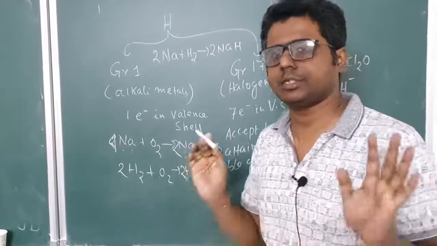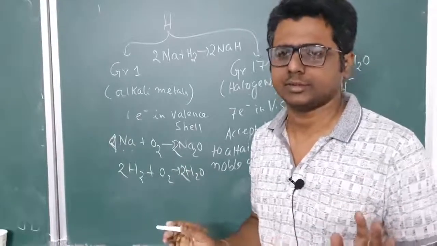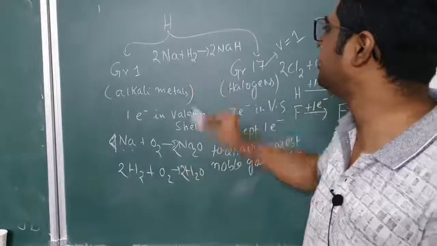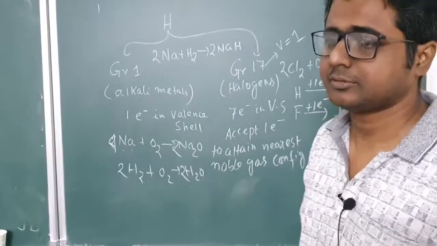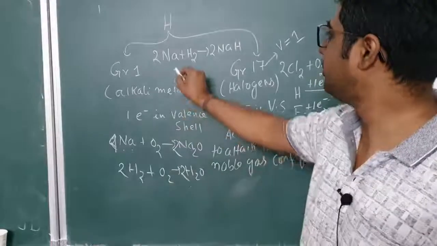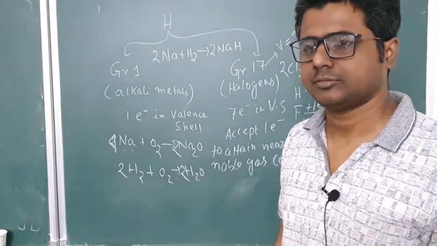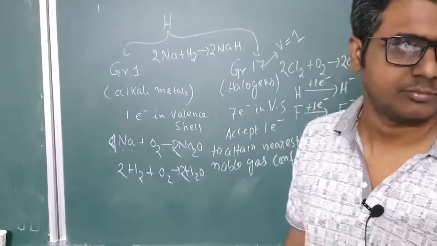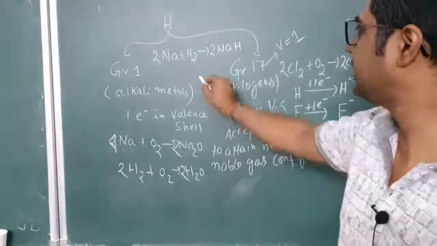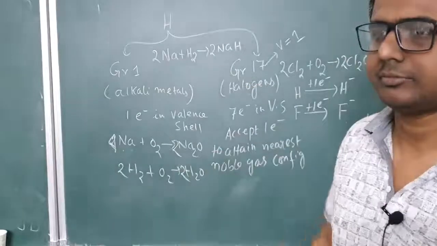Addition of hydrogen means reduction. Addition of oxygen means oxidation. So this process is a reduction process. Who has reduced? Sodium has reduced hydrogen actually. Hydrogen has not reduced sodium, because in this case hydrogen has accepted the electron from sodium.